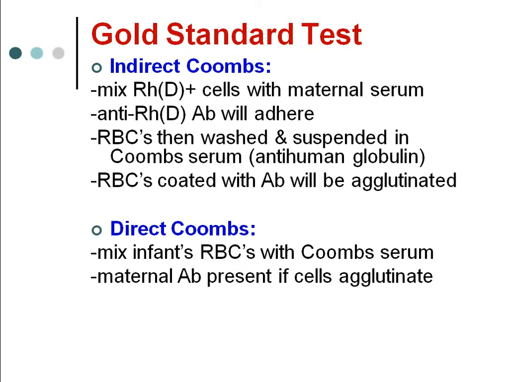What you do in this is take out the serum of the mother and add some RBCs which are already Rh positive. So this serum, which contains the antibodies, will go and adhere to the Rh antigen, and after this they are washed and suspended in the Coombs serum.